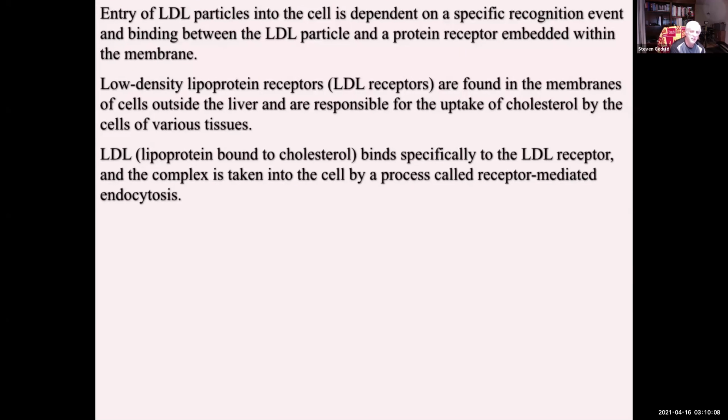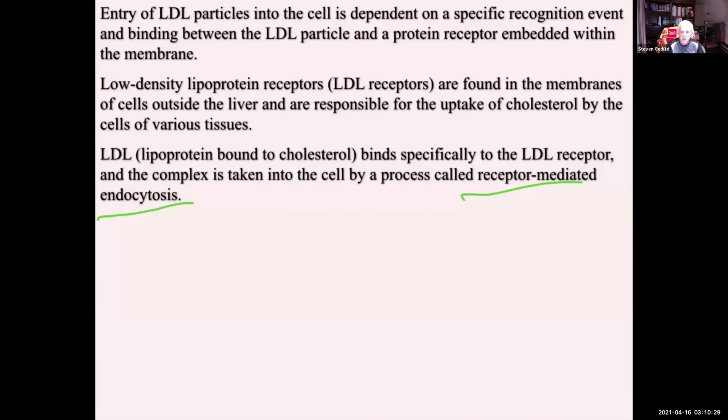So low density lipoproteins, okay? The lipoproteins bound to cholesterol bind specifically to the low density lipoprotein receptor, and the compound is taken into the cell by a process called receptor mediated endocytosis. So it binds the receptor, it keys it to go, and you get endocytosis.